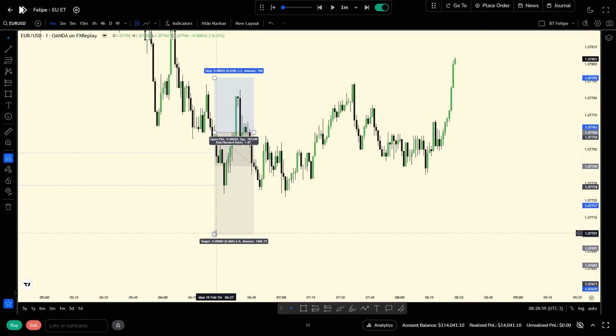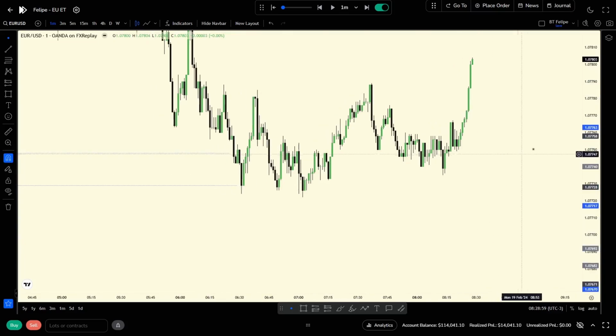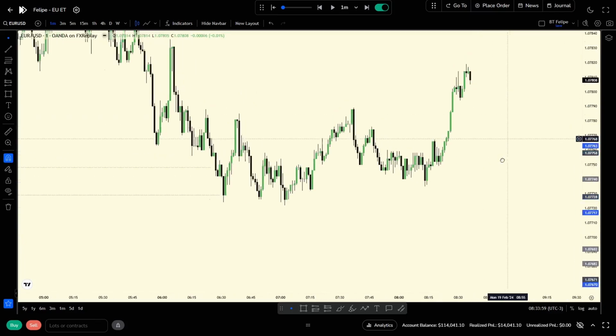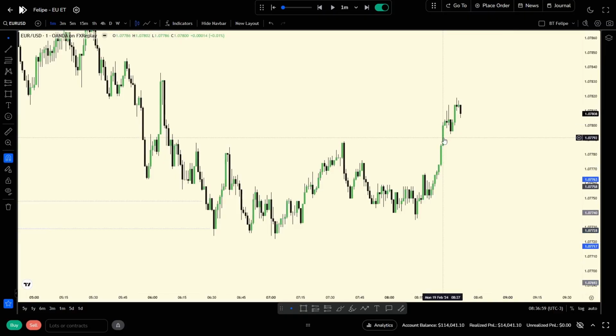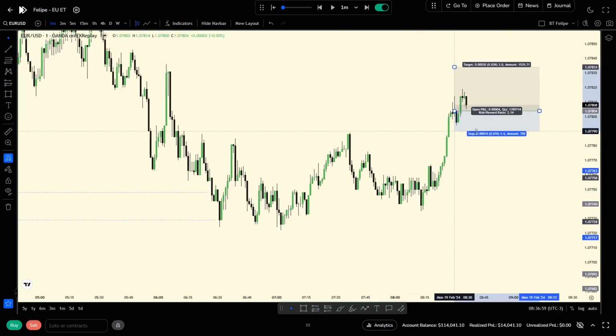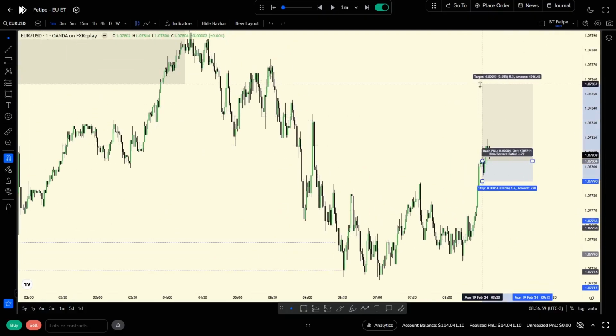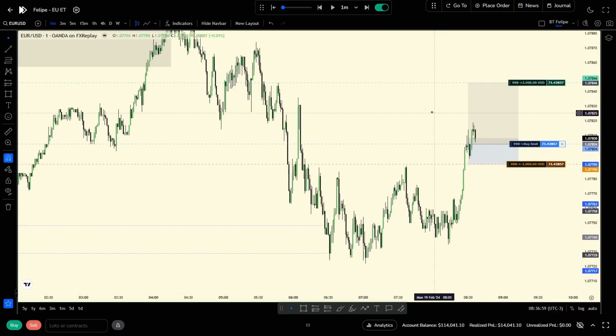Yeah, ended up fading. I can try this long. It's kind of risky. Price is a little extended. I want to see a correction down here and then this setup down here. I don't know. Maybe this one can work.